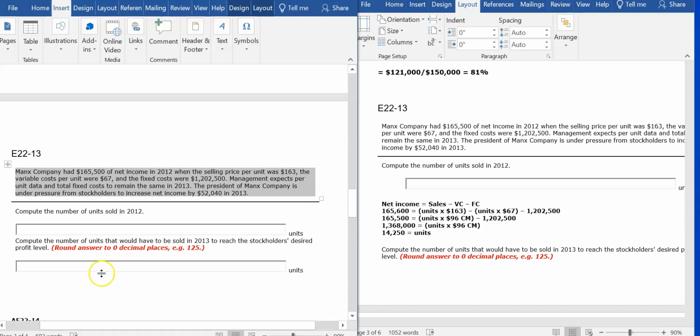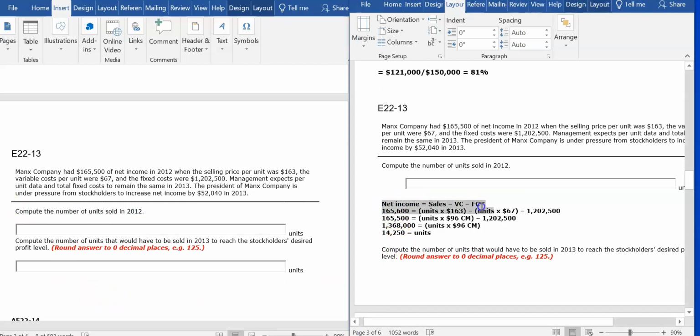Management expects per unit data and total fixed costs to remain the same in 2013. However, the president is under pressure from stockholders to increase net income by $52,040 in the new year. First things first, they want us to figure out how many units had been sold in 2012.